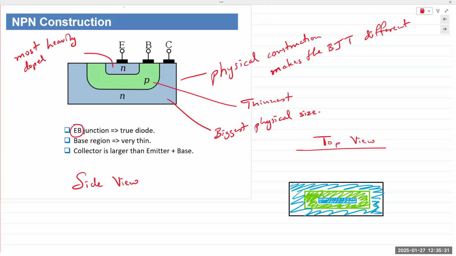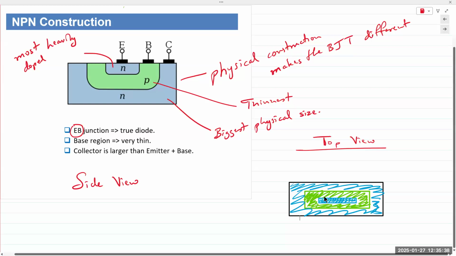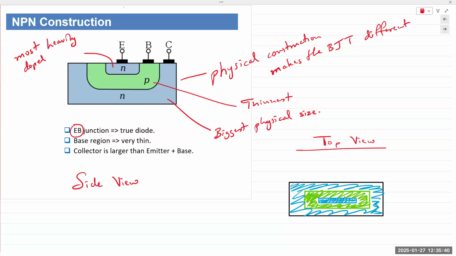Okay, so the image on the left shows us a cross section, so it's looking at it from the side. But typically, these are created in the XY direction, looking from the top.